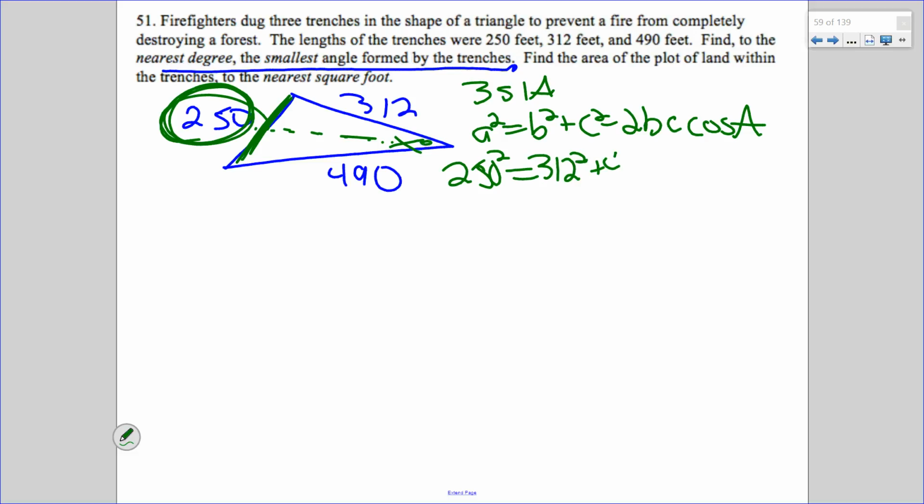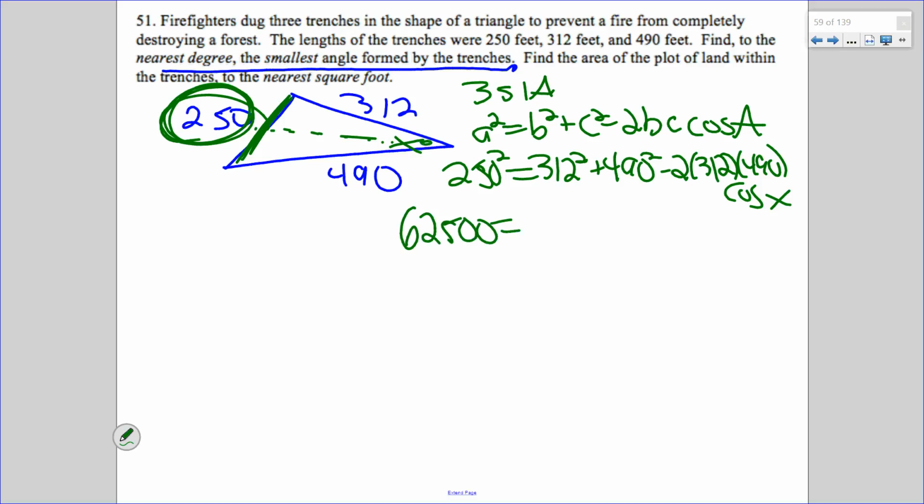312 squared plus 490 squared minus 2 times 312 times 490 cosine x. This is a longer law of cosines problem when finding the angle. I have to do each piece individually. I'm doing 250 squared, which is 62,500.